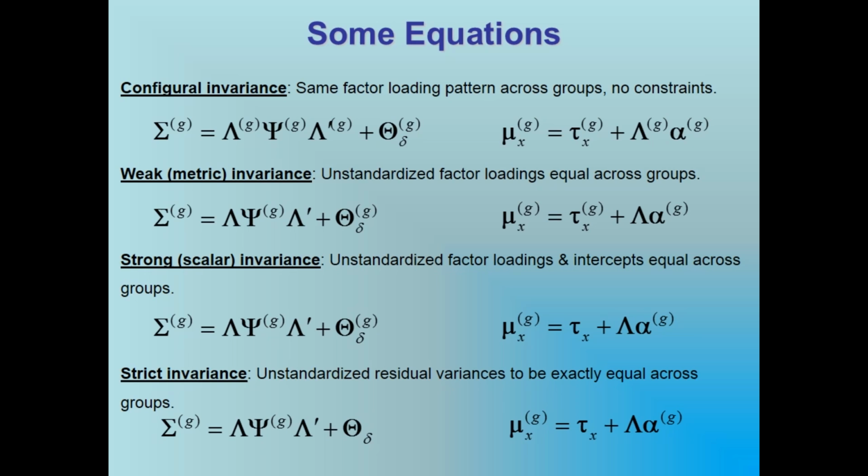Same with the factor variance, as well as your covariance matrix, your gamma, and your theta delta. Those are all assumed to be estimated freely across the groups, as well as your mu subscript G, your tau, and alpha. Everything is estimated freely across both groups.